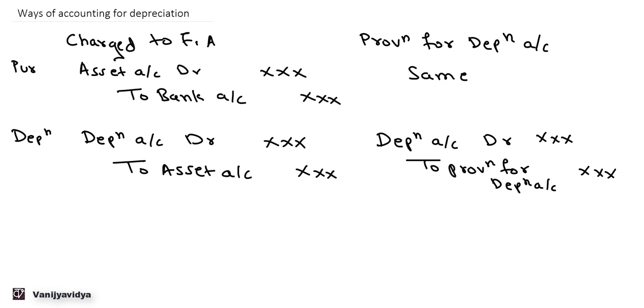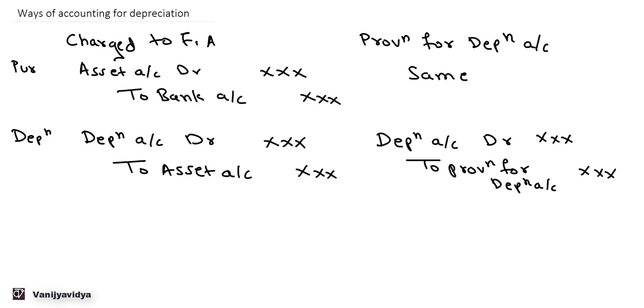So in this method, your asset account will always be reflected at the cost of purchase of the asset plus installation, and your provision for depreciation will have the accumulated depreciation over the years. This provision for depreciation account is also known as accumulated depreciation account.